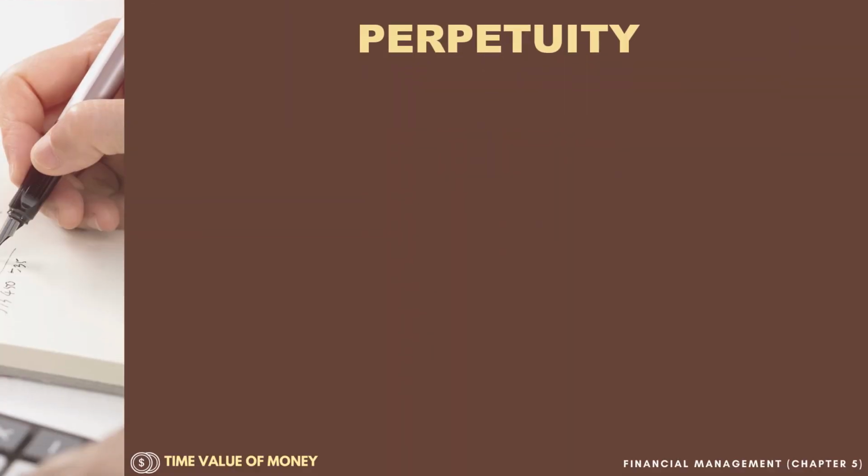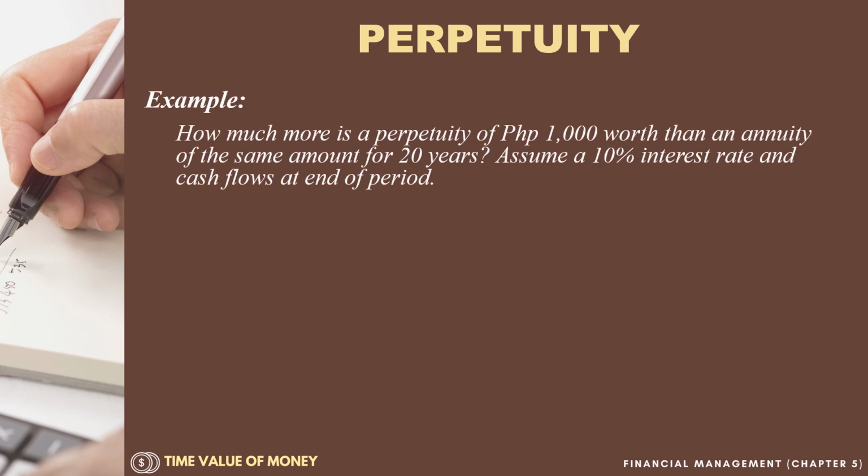Now let's take an example for the perpetuity. The problem is, how much more is a perpetuity of 1,000 pesos worth than an annuity of the same amount for 20 years? Assume a 10% interest rate and cash flows at the end of the period. For this, we will identify the variables.